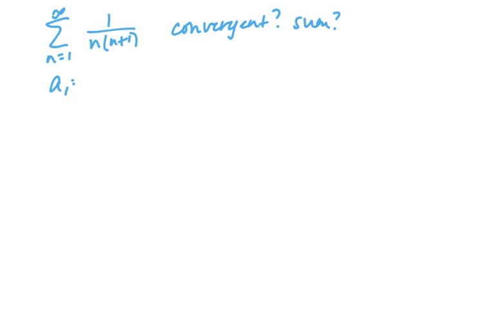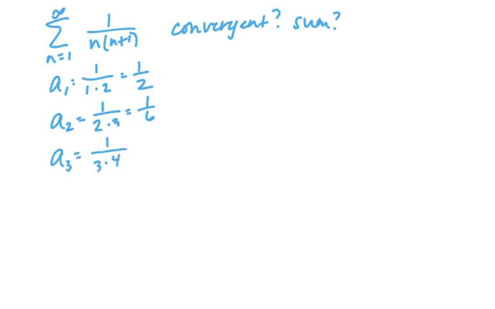A sub 1 is 1 over 1 times 2, which is 1/2. A sub 2 is 1 over 2 times 3, which is 1 over 6. A sub 3 is 1 over 3 times 4, which is 1/12. A sub 4 is 1 over 4 times 5, which is 1/20.